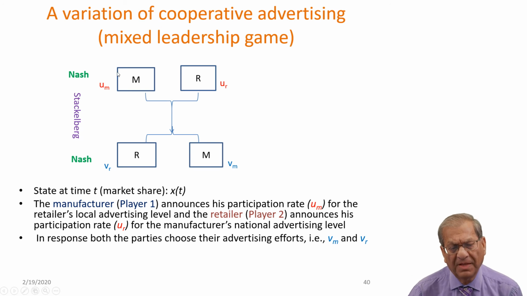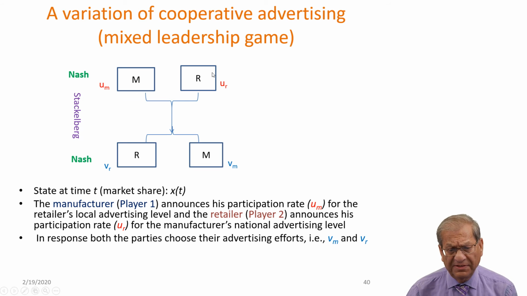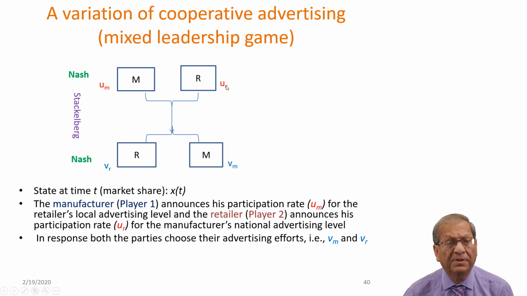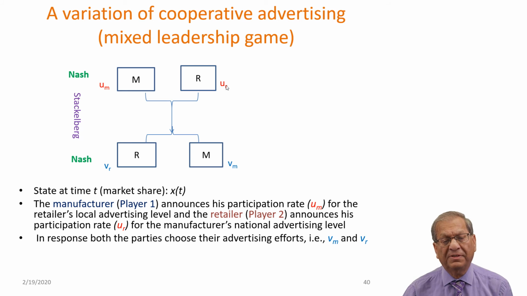So here's the setup. We have a manufacturer and a retailer, each now acting as a leader, announcing participation rates. The manufacturer, M, announces the participation rate u_M, and the retailer, R, announces the participation rate u_R. This is the rate of sharing of advertising expenditure, the cooperative advertising participation rate.